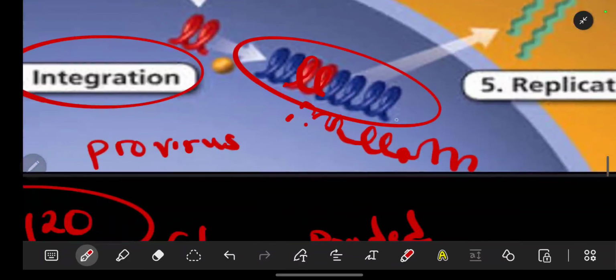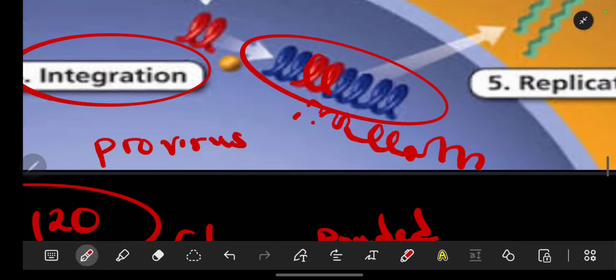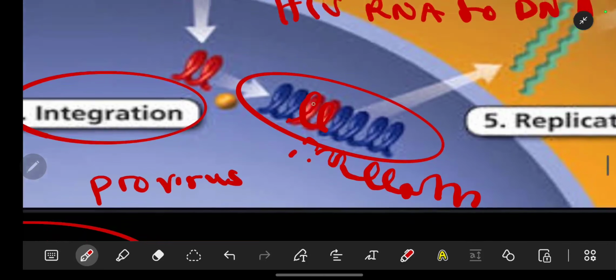Then after that, due to the formation of the provirus, the host machinery is hijacked, meaning it has been taken over. So immediately the HIV attaches its now-made DNA to that.